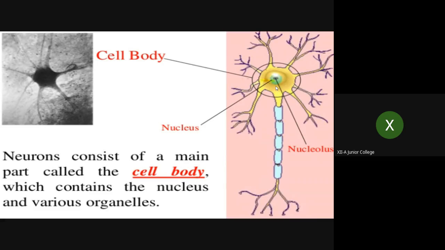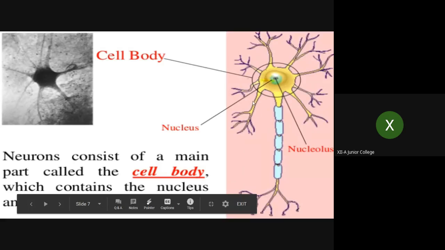Remember these words: neuron, cyton, dendron, and axon. These are different words related to the neuron, but the main thing is the neuron is made up of cyton, that means this cell body, and different types of dendrons. So these are the dendrons. I'll explain in detail in another diagram, and the axon.